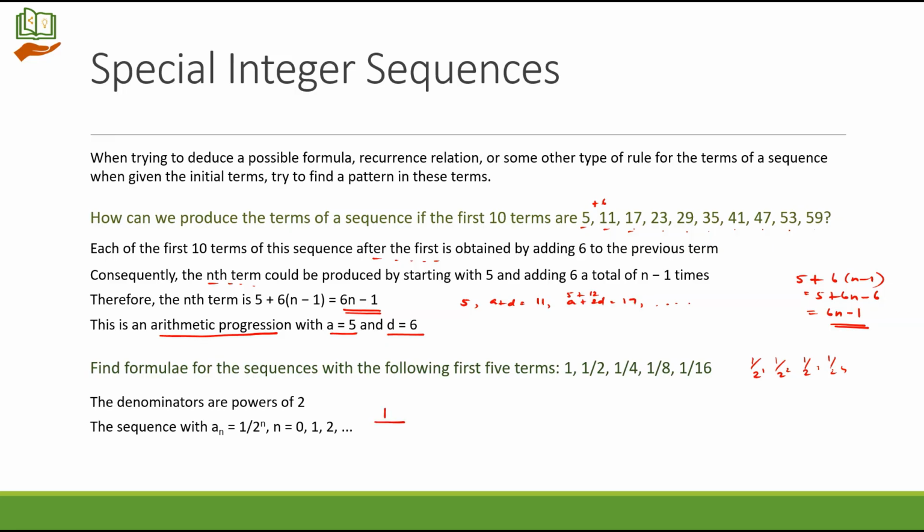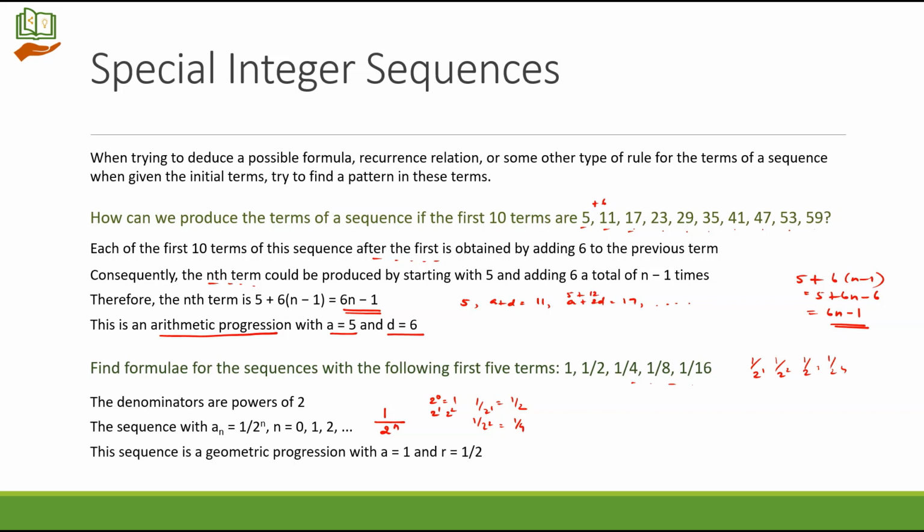So, this can be taken as 1 divided by 2 power n. So, when n is equal to 0, we have 2 power 0, which is equal to 1. So, 1 by 1 will give you 1. Then, when you have n is equal to 1, it is 2 power 1. When n is equal to 2, it is 2 power 2. So, you have 1 by 2 power 1, which is equal to 1 by 2. 1 by 2 power 2, which is equal to 1 by 4, and it goes on correctly.